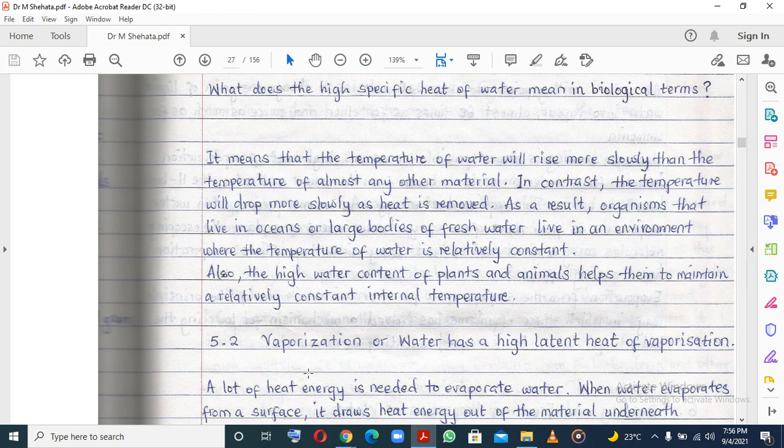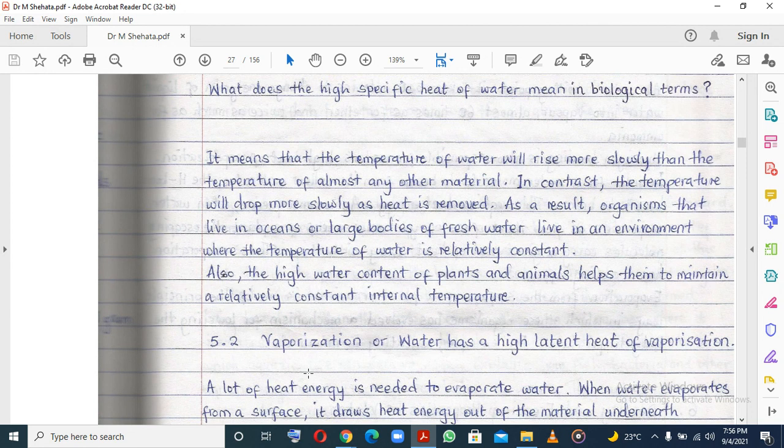The reason is that the temperature of water doesn't change rapidly, so it's relatively constant. And that's why it takes a long time for someone to die when exposed to extreme temperatures, either too hot or too cold. That's an important point to take note of.